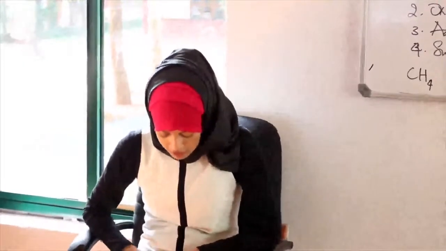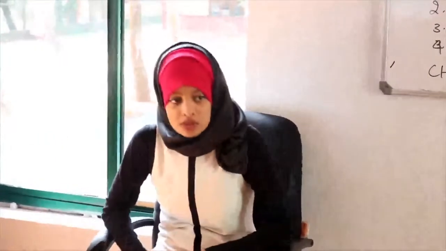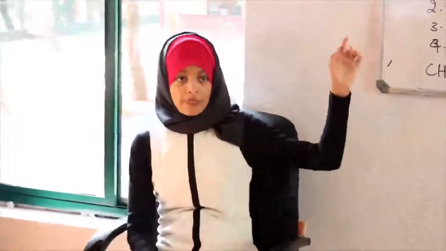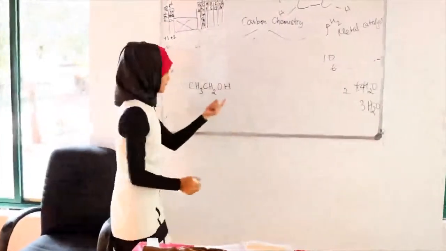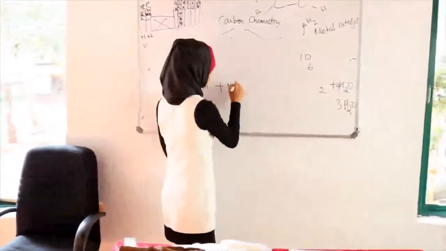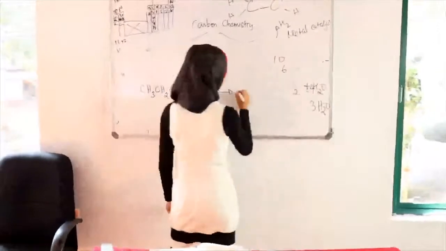Okay, so ethanol, two main reactions that you need: it reacts with sodium. When it reacts with sodium, what is happening is substitution. So you write ethanol, right? So what happens is when I add sodium to this, sodium is going to replace this one.